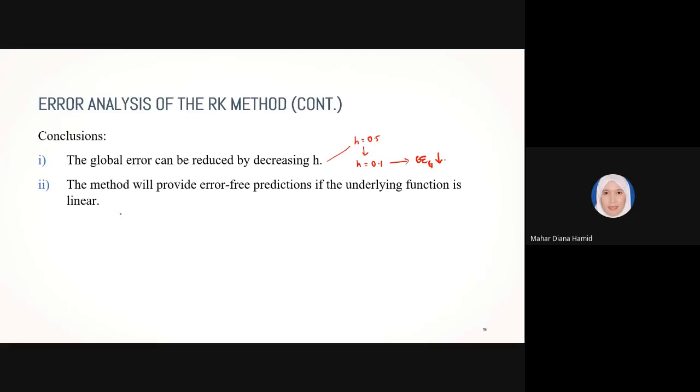Another way to reduce the global error is if the underlying function is linear. What does it mean by linear?